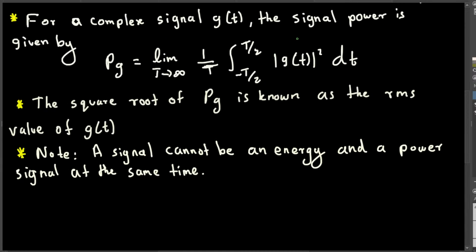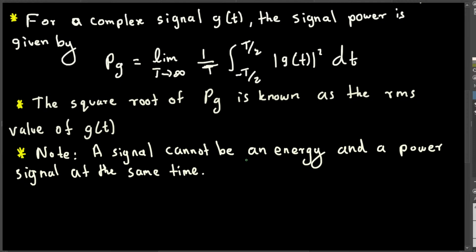For a complex signal g(t), the signal power is given by Pg equals the limit as T approaches infinity of 1 over T times the integral from negative T/2 to T/2 of the absolute value of g(t) squared dt. The square root of Pg is known as the RMS value of g(t).